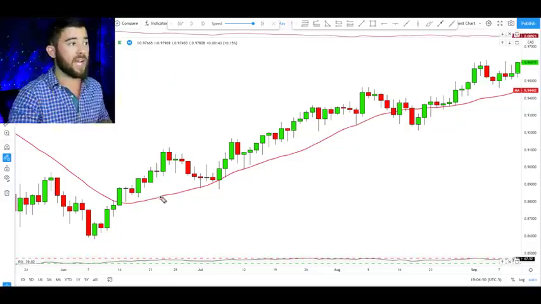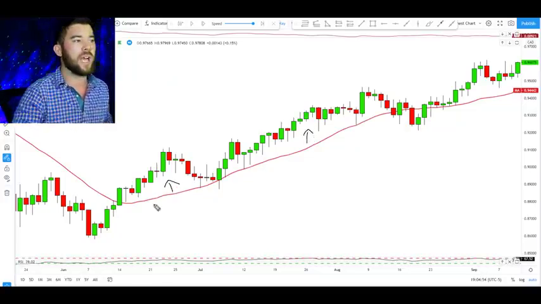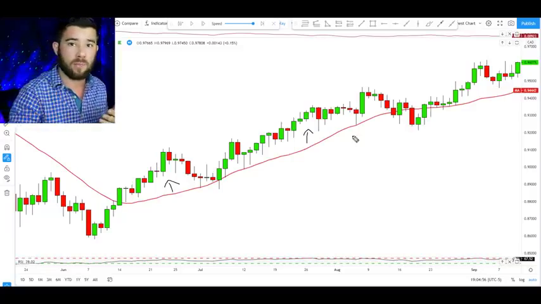So how do we use flag patterns? We now know what flag patterns are. How do you use them? Well, I use them to capitalize on volatile trends. What did we talk about earlier? A volatile trend oftentimes stays above the 20 period moving average. As you can see on the chart here, we have price staying above the 20 period moving average.